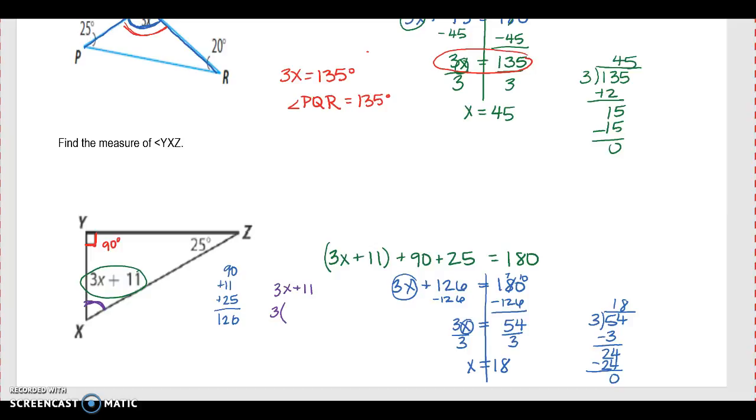So 3 times x, 3 times 18 plus 11. So 18 times 3, 3 times 8 is 24, 3, 4, 5. So 54 plus 11 equals 65. So angle YXZ is equal to 65 degrees.